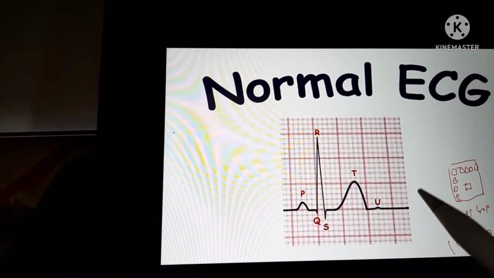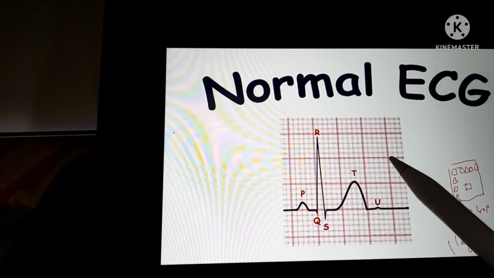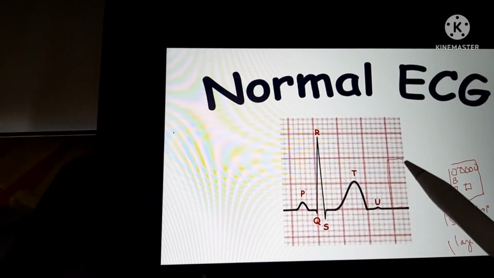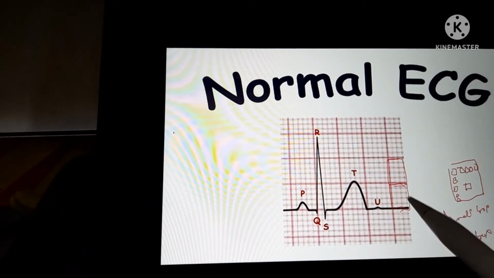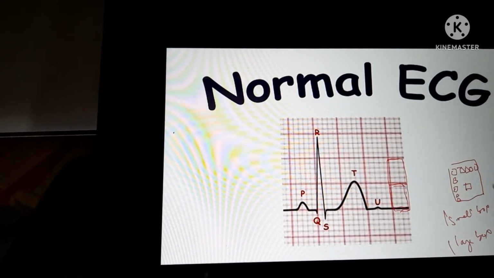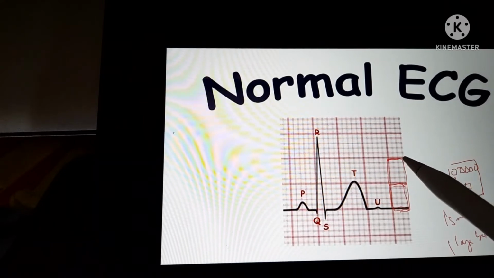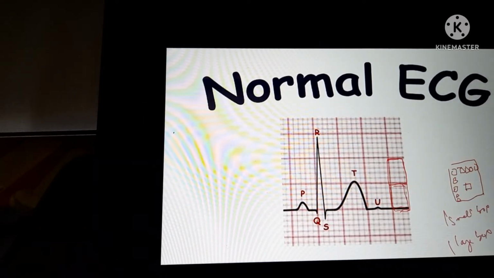So as we say, the standardization should be two large boxes. Therefore, to see the standardization, it should contain at least two large boxes.